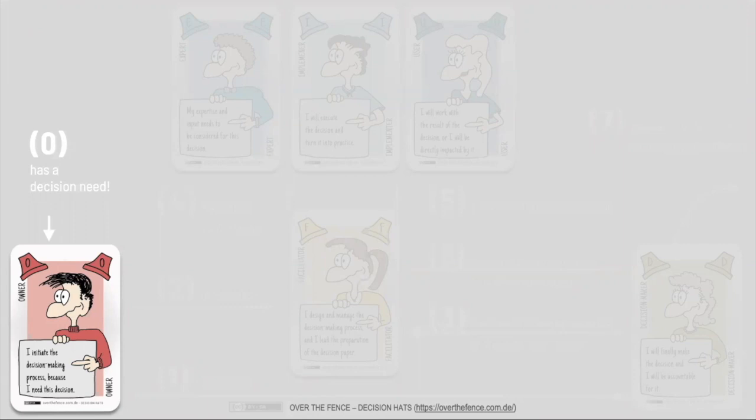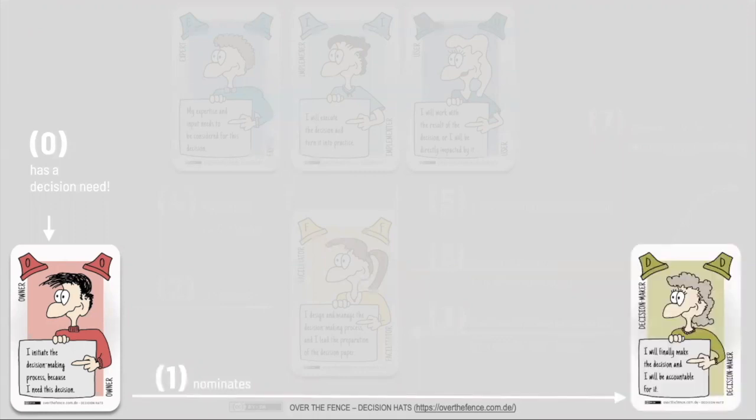The first responsibility is that owners nominate the holders of the decision maker hat. Decision makers are people who will finally make the decision and will be accountable for the decision. This could be done by the persons who already possess the owner hat and/or by other persons.